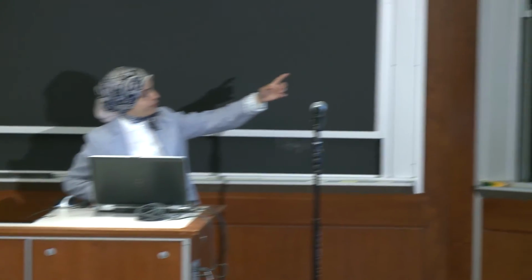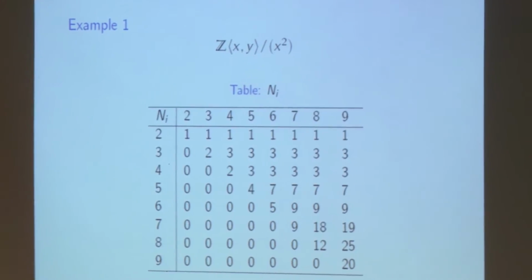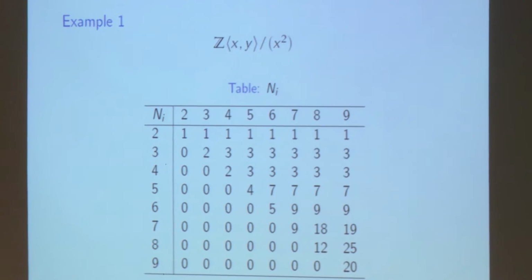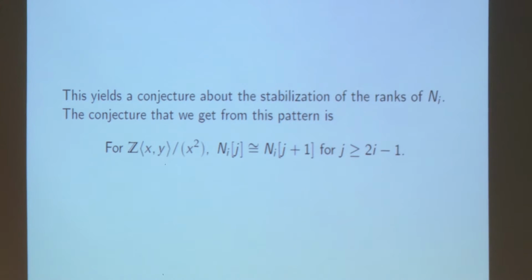Start from 3, for example, in the first line. And from the second line, start from 3, from 4. And so on. From this, we get this conjecture obtained from the data. Do you understand me? So this is the conjecture, we get it from the data.